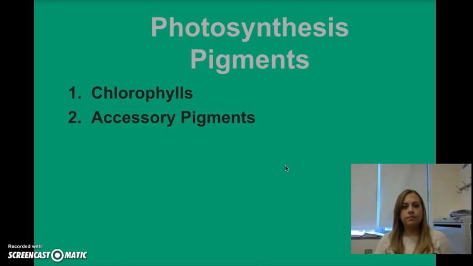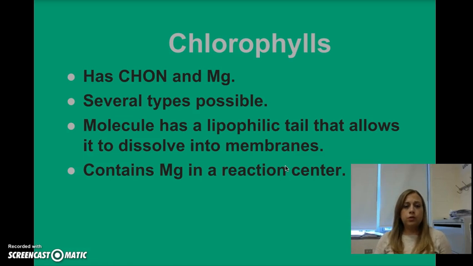So I talked about chlorophyll being necessary for photosynthesis, but there are other pigments that are used in photosynthesis as well. We call them accessory pigments. Chlorophylls contain carbon, hydrogen, oxygen, nitrogen, and magnesium. We have several different types of chlorophylls that we'll talk about.